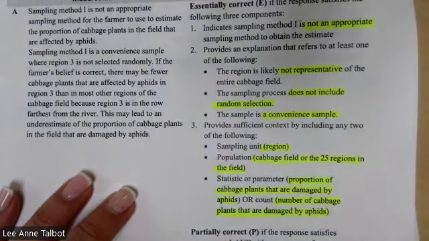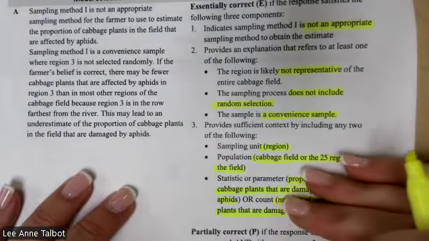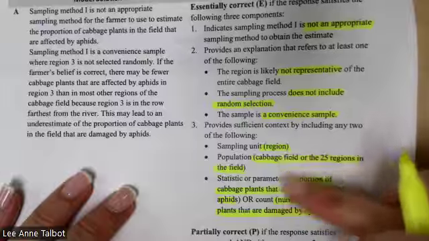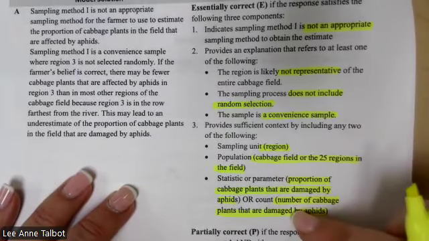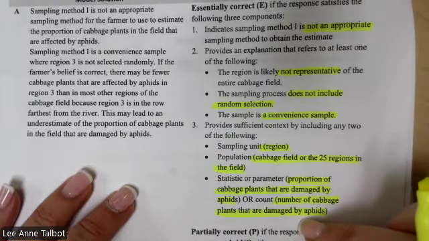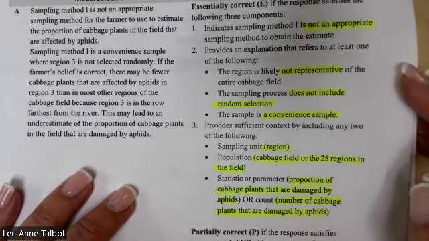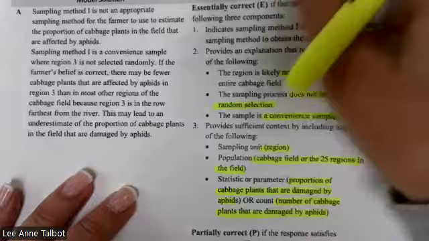If you have all 3 of those things, and in number 3 you only need 2, like region and cabbage fields, or region and cabbage plants damaged by aphids, something context-wise, that's an E.